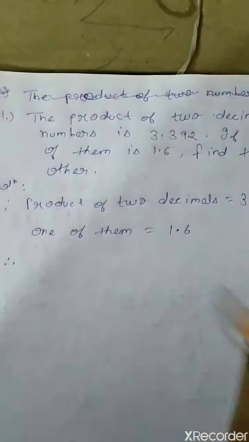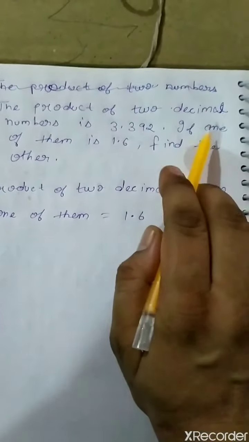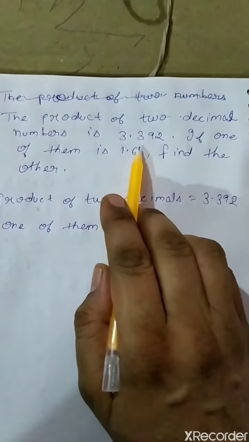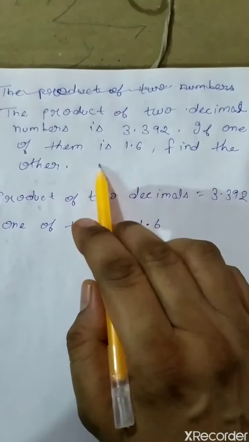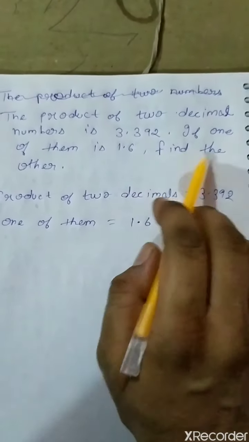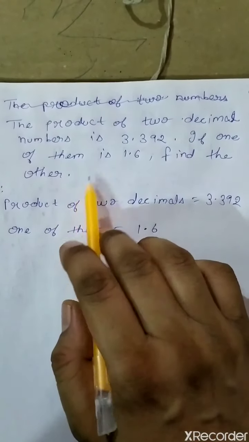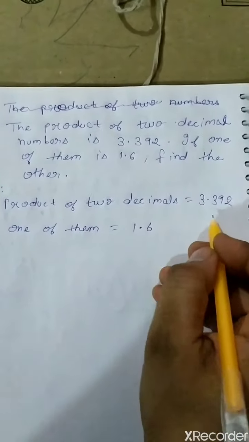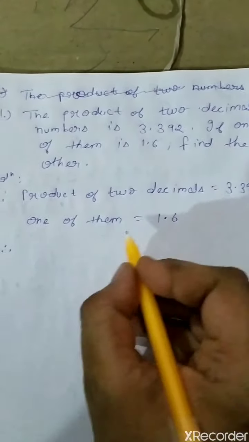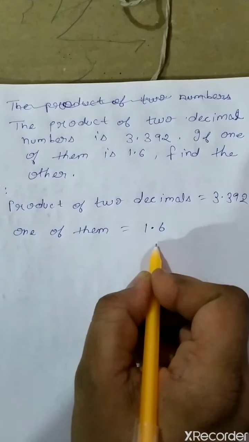See that it is written here, the product of two decimal numbers is 3.392. If one of them is 1.6, find the other number. So you may write in the solution that the product of two decimals is 3.392 and one of them is 1.6.